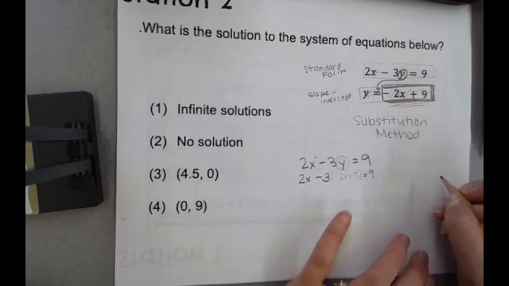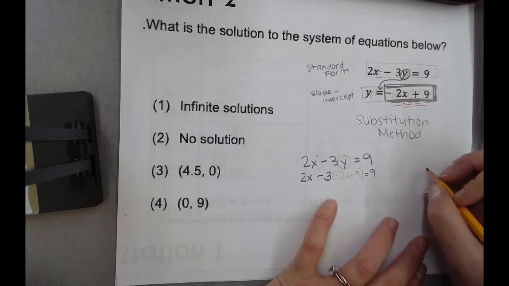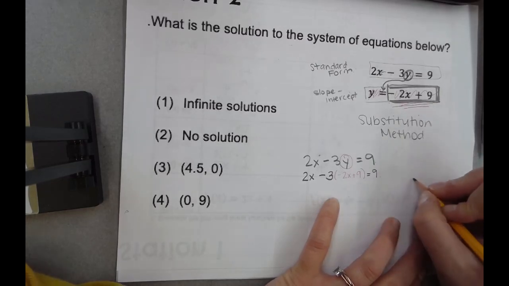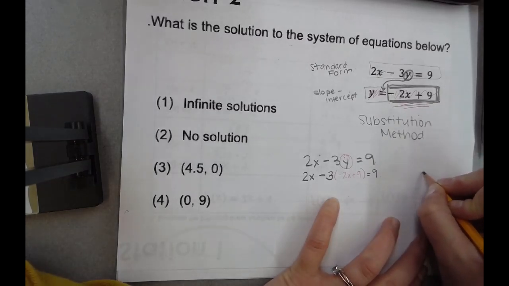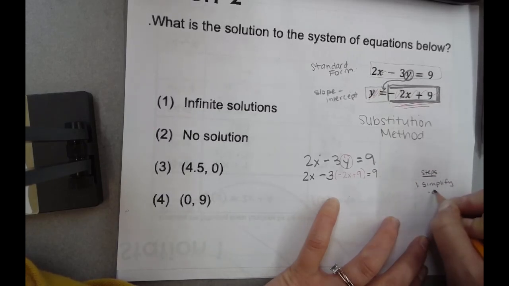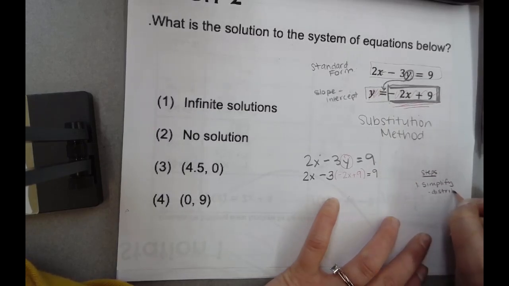Also in the unit organizer, our steps for solving an equation, the first one is to always simplify, and that's by distributing and then combining like terms.